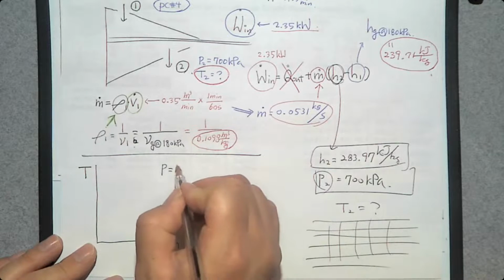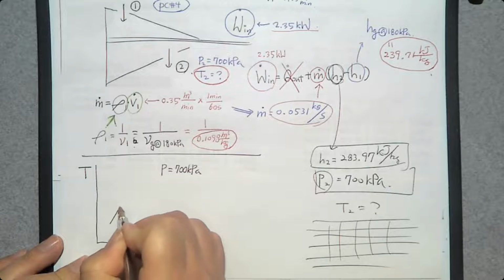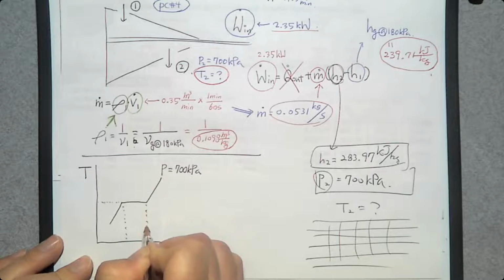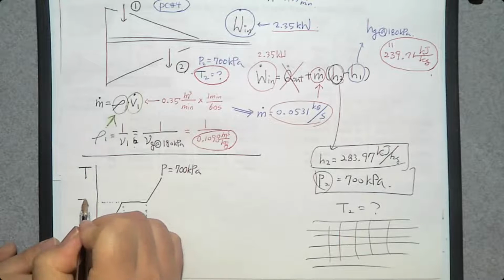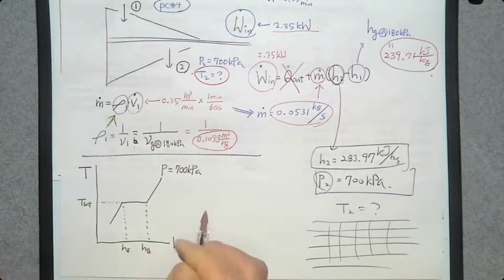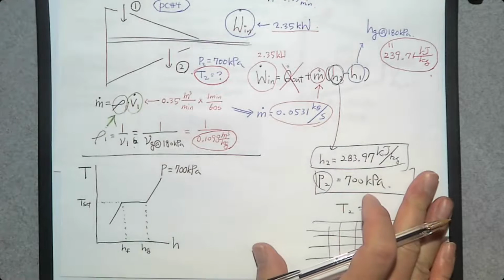So at 700 kilopascal, the TH diagram looks like this. To complete this TH diagram, we need to know Tsat, HF, HG. Where can we find Tsat, HF, HG? From 700 kilopascal.